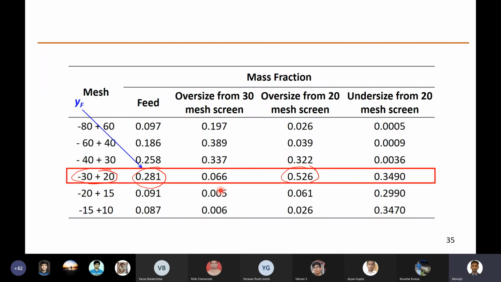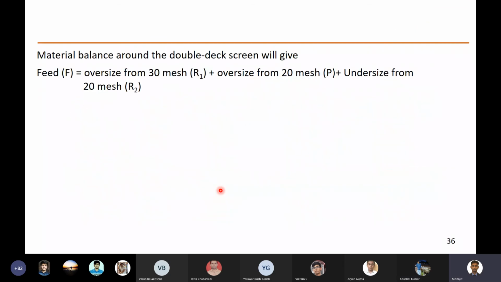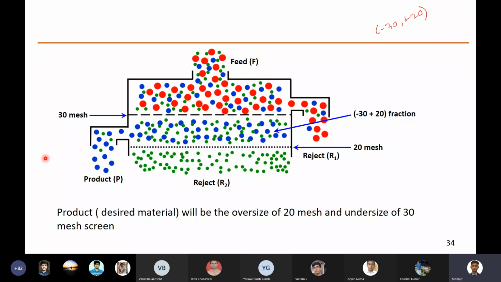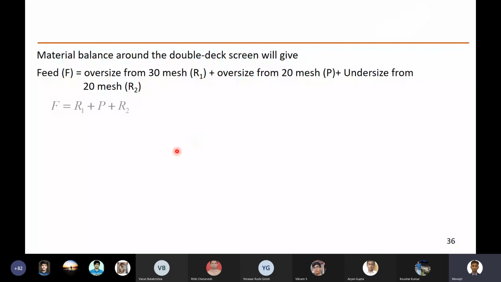Your entire feed would be the addition of these three, so capital F is equal to R1 plus P plus R2, because whatever we are feeding here is divided into three parts. That is what I have written here.